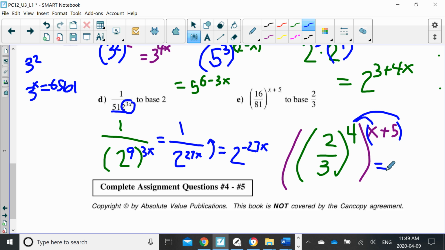My final answer would be 2 over 3 to the power of 4x plus 20, because 5 times 4 is 20.